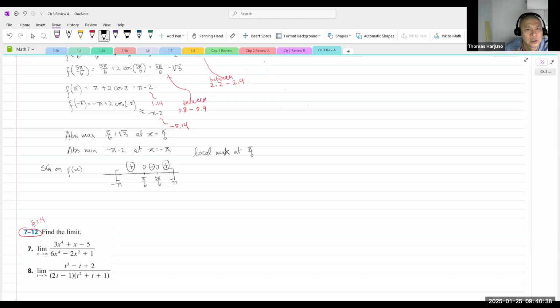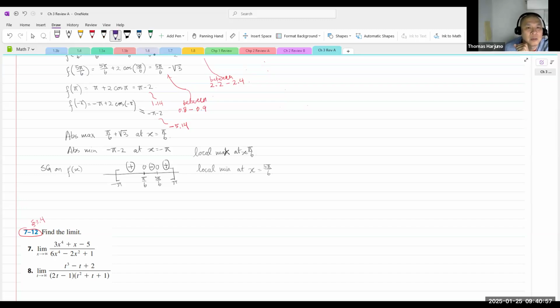Of course, it's already the absolute maximum there, right? And then a local minimum at x equals 5 pi over 6.